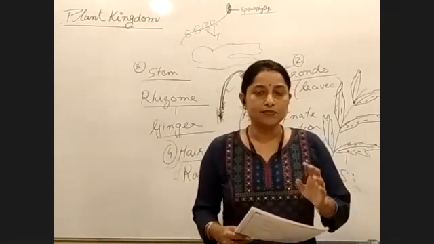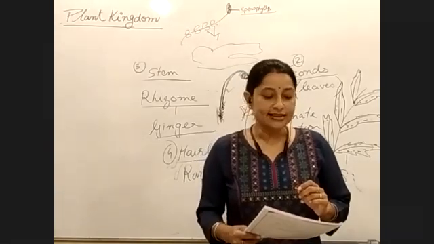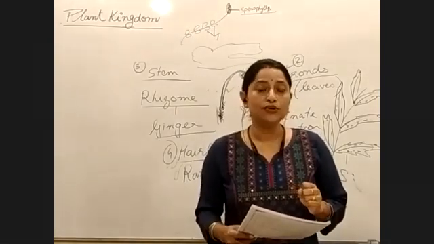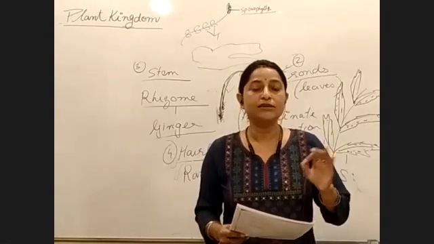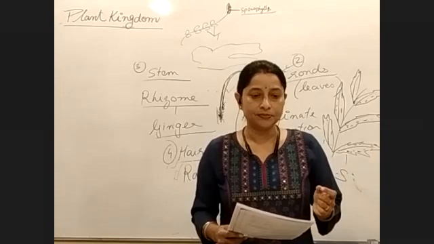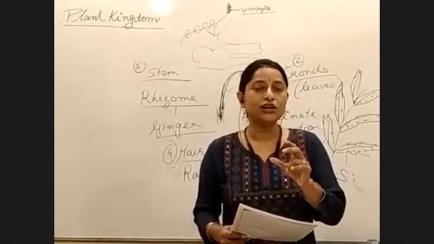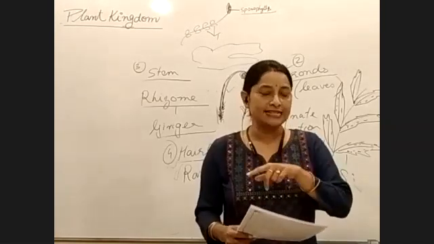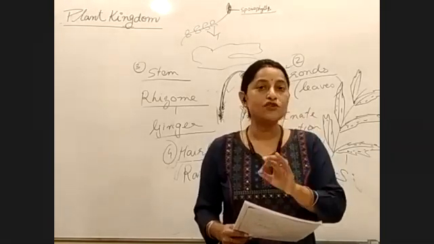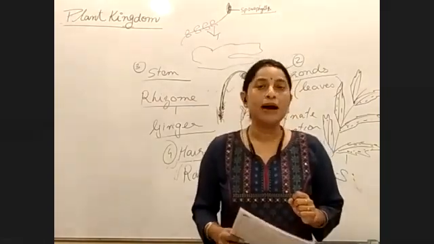What did I say to write? Near the point where you have written antherozoid multiflagellate, did you write the note? Yes, ma'am. Okay, just next to the word multiflagellate, put a bracket and write: in bryophytes, antherozoids are biflagellate.